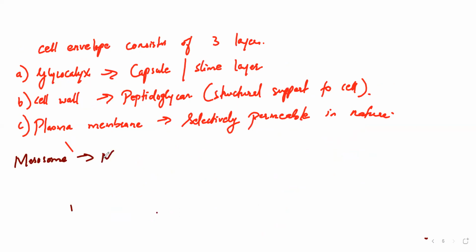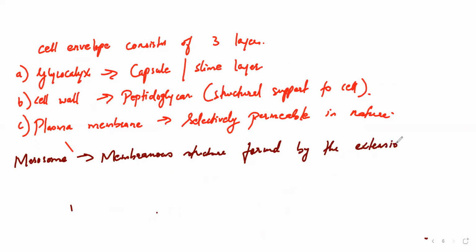They are nothing but the membranous structure which are formed by the extensions of plasma membrane. Now there are three types, like how it may be formed. Either they may be in vesicle form, tubules, and lamellae.